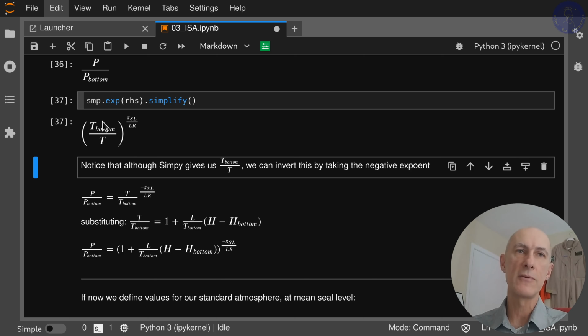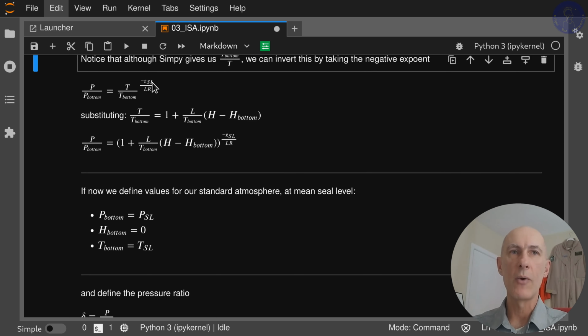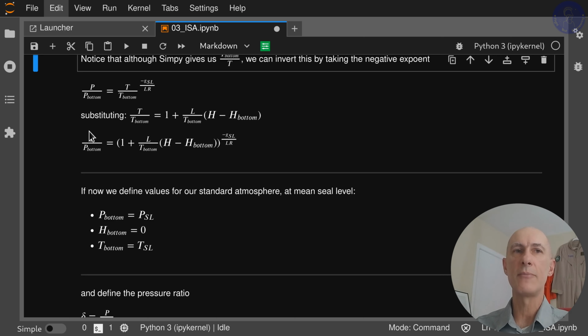We can just invert to T over T bottom and put in a negative g SL on top, right? So now we can equate the right-hand side to the left-hand side, and substituting T over T bottom from what we had, we can write P over P bottom equals a relationship between h and h bottom.